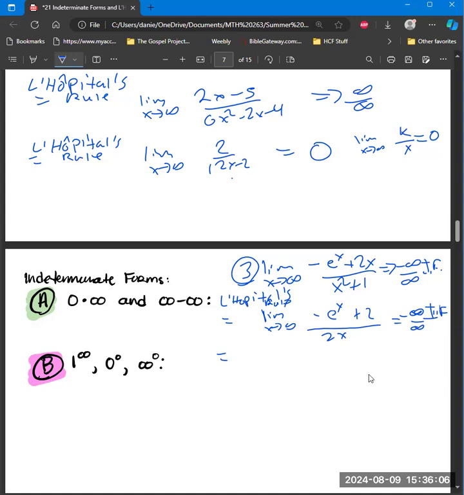And I'm going to use L'Hopital's rule again. Limit as x goes to infinity of negative e to the x over 2. Now I'm at a point where I can say this goes to negative infinity, and I can stop, and that is what I expected to have happen.